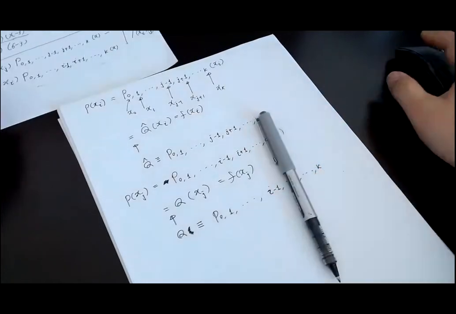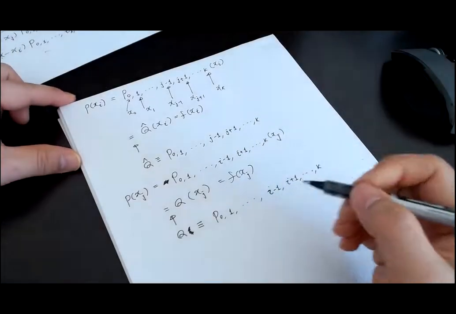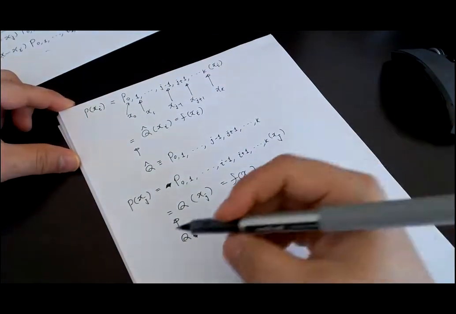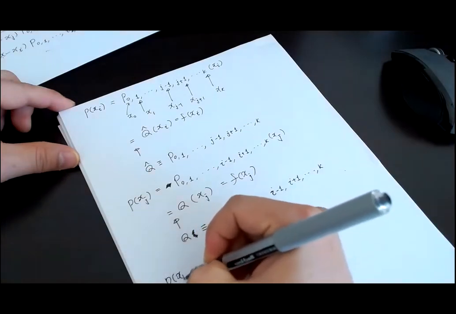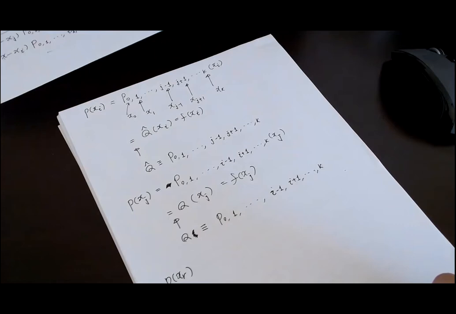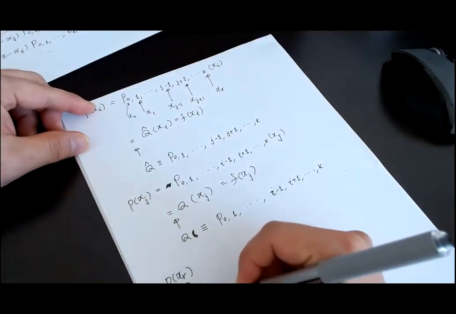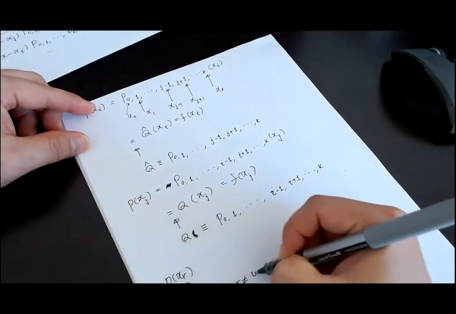Okay, so now next one, what about other nodes? So p of xr. So r is an integer between 0 and k, and r is not equal to i and j.